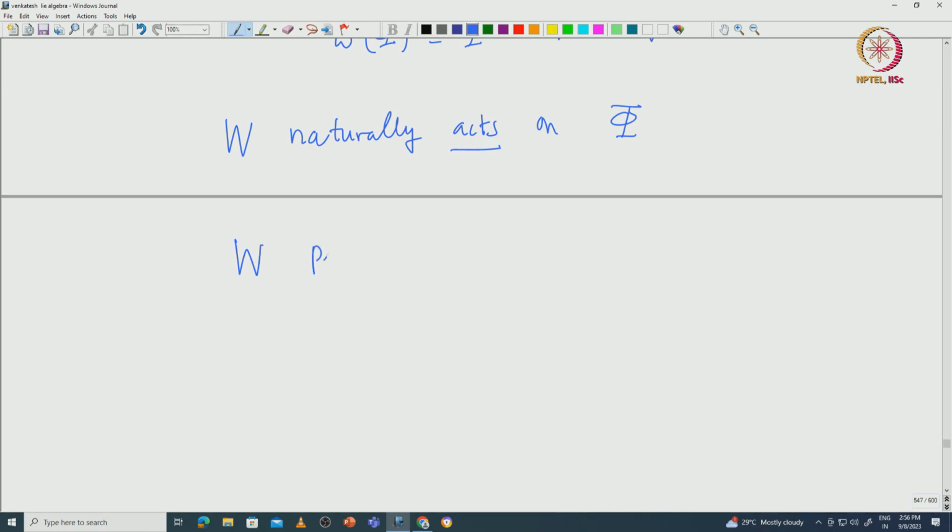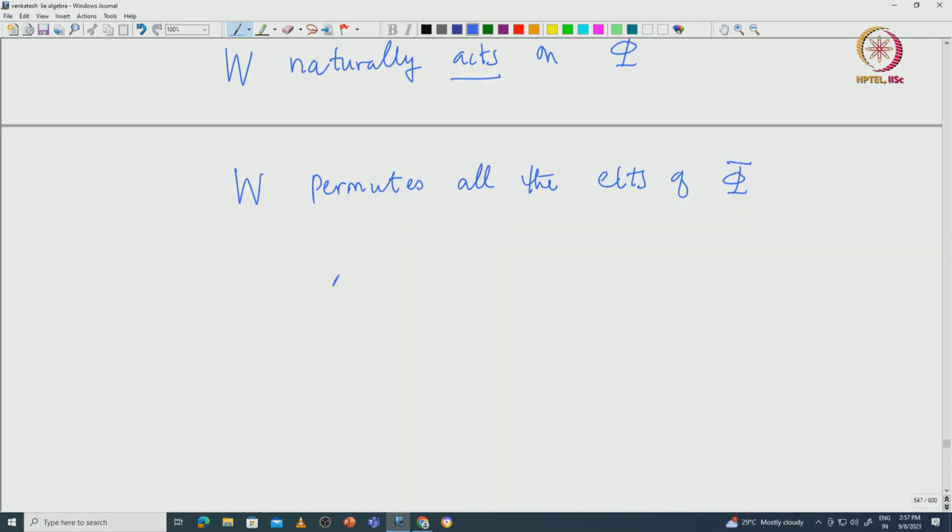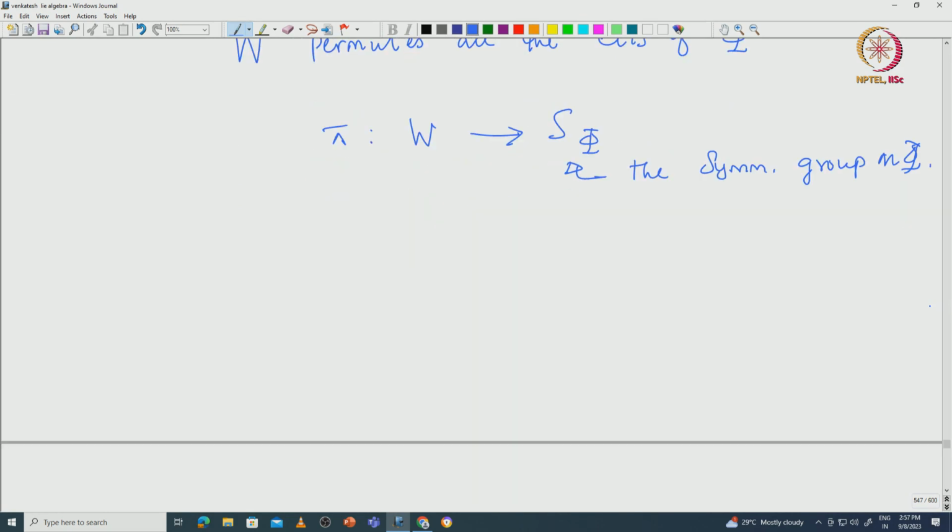So, in particular we have a natural map, let us call it pi, from W to S of phi, the symmetric group on phi, that means all bijective maps from phi to phi.